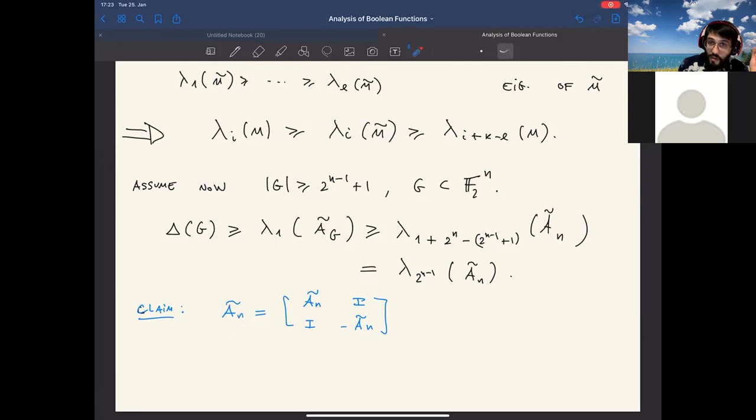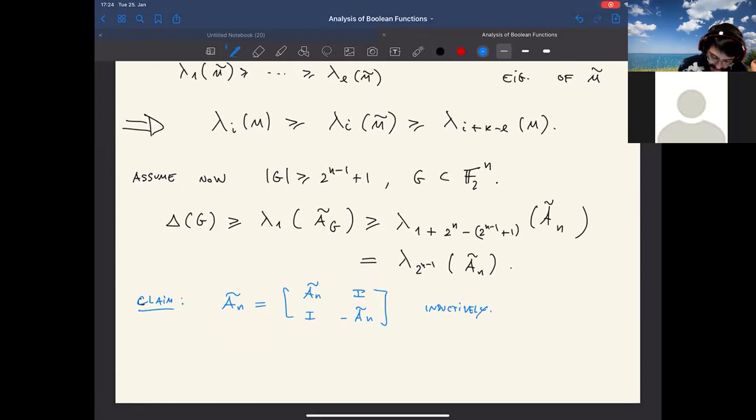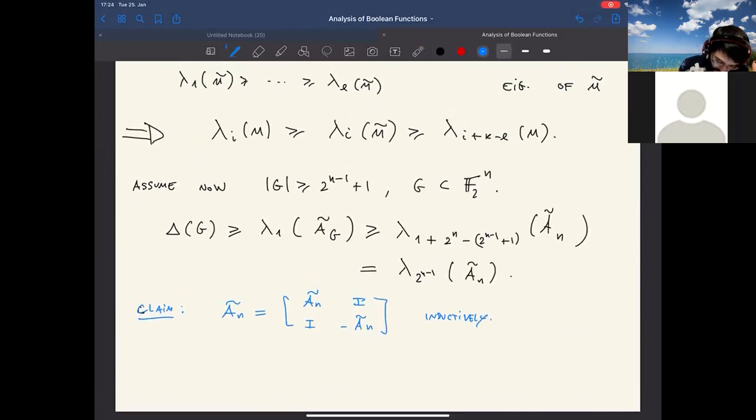This is a 2 to the n minus 1 by 2 to the n minus 1 matrix. And this is the 2 to the n minus 1 by 2 to the n minus 1 identity matrix. So you create it like this, inductively. Okay, so define A tilde n like that, recursively, that would be the better word.